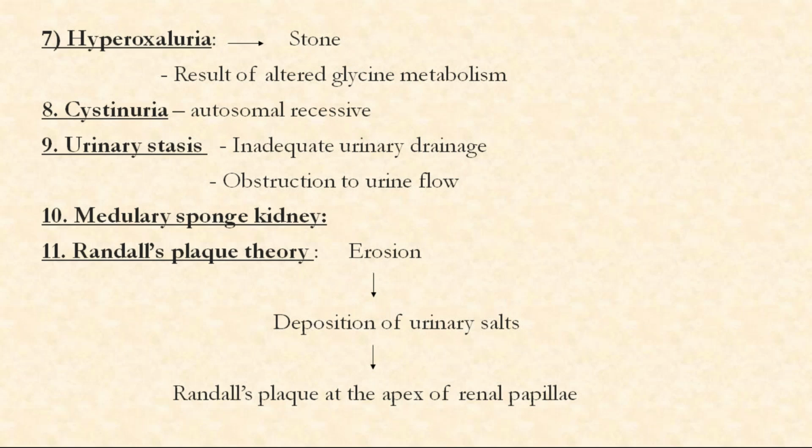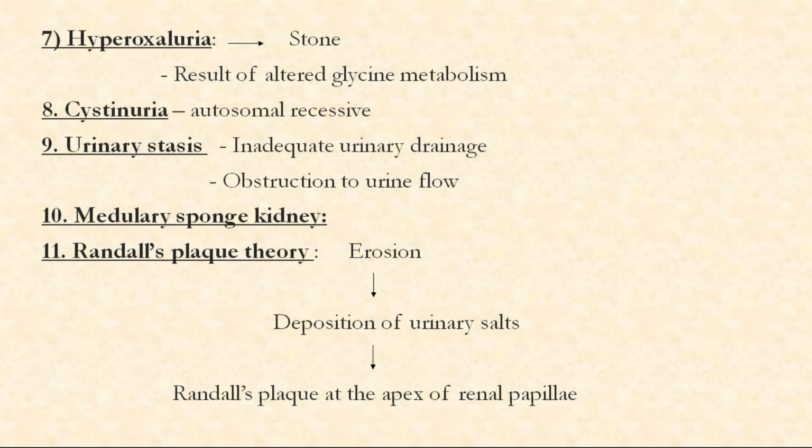Certain surrounding tumors, enlargement of the prostate, or a bladder or urinary stone may cause urinary flow obstruction, leading to urinary stasis, which may lead to the formation of renal calculi. Now, medullary sponge kidney is also one of the pathological conditions of the kidney associated with renal calculi.